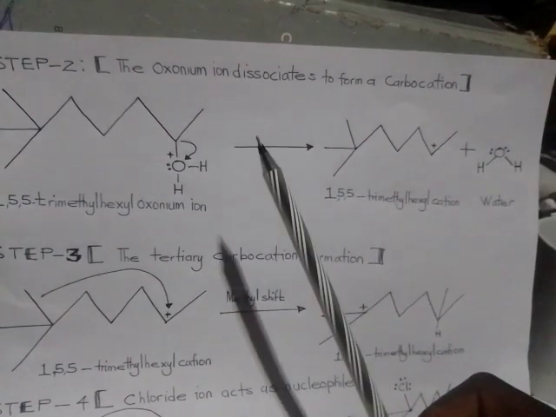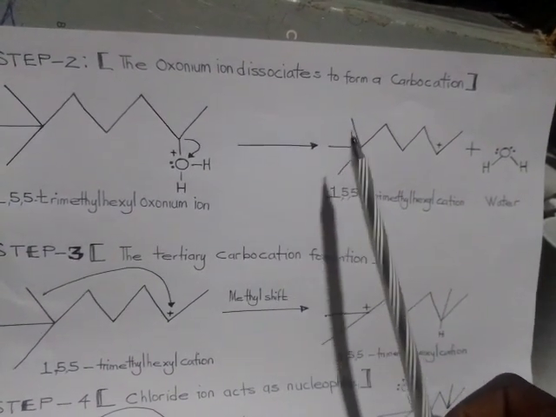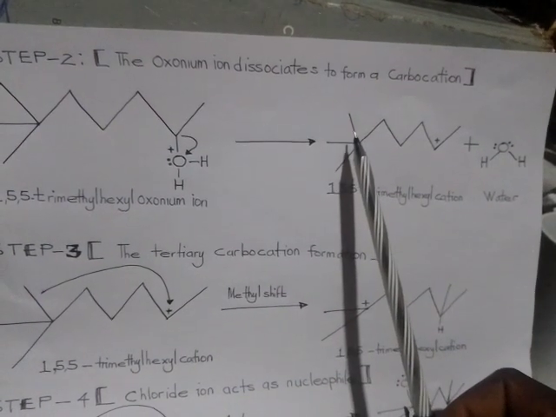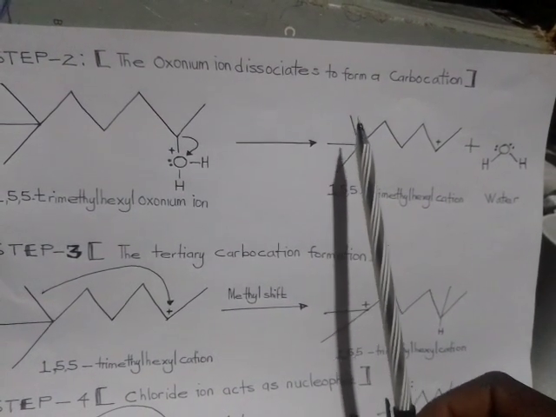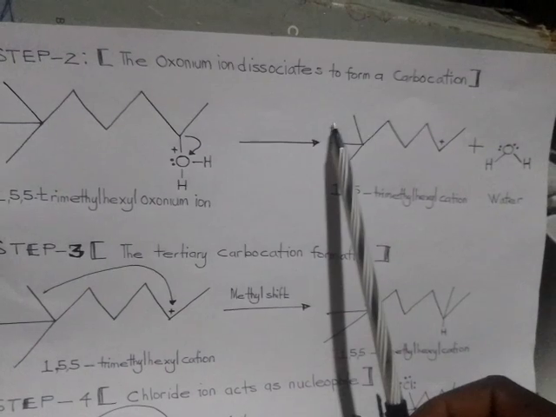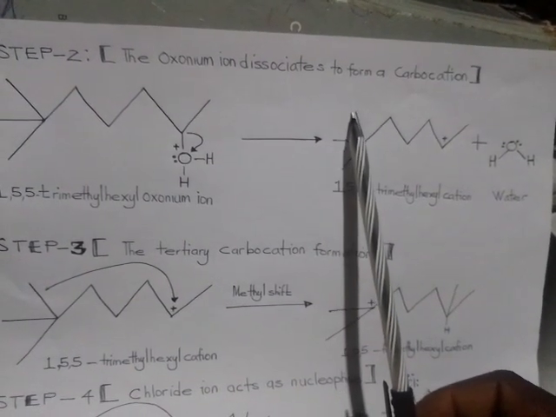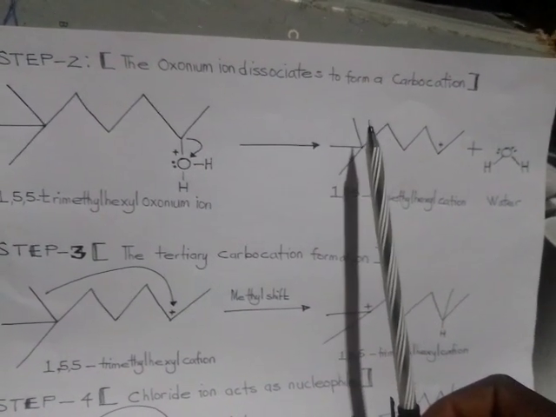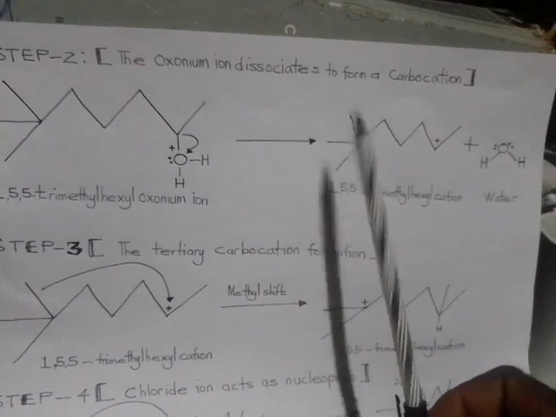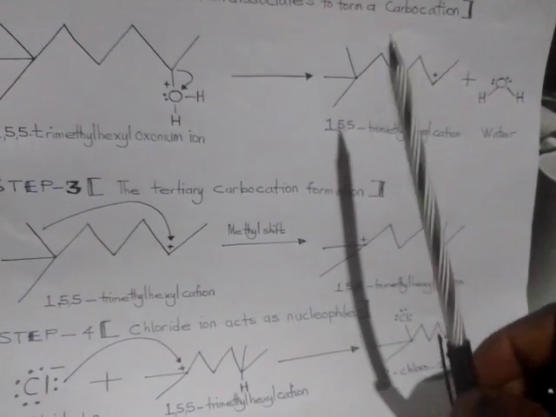Since we know that in the overall reaction, red here was our chlorine, or chloride, attached at this point, what happened in this case is there will be something like a methyl shift.